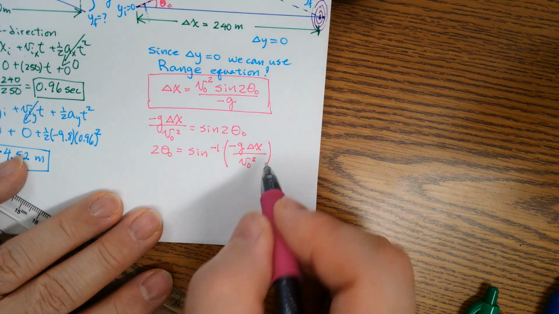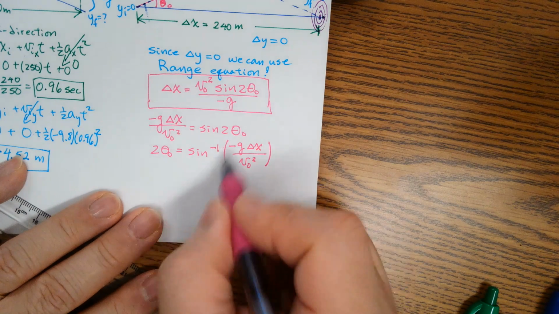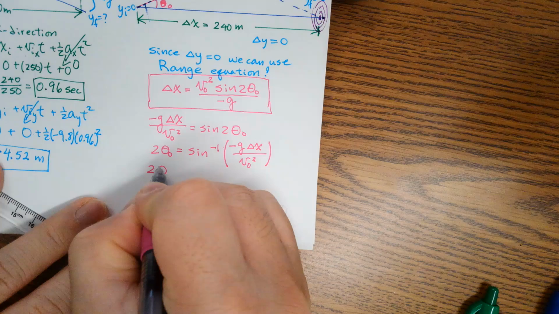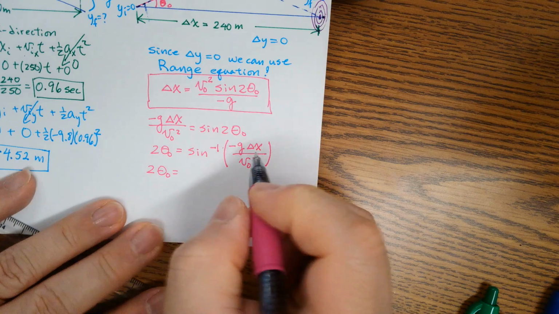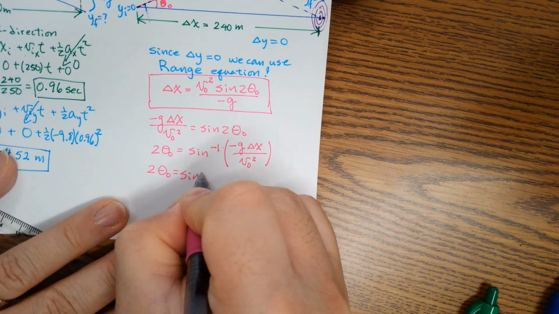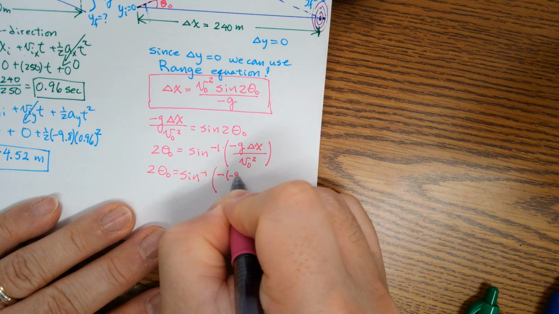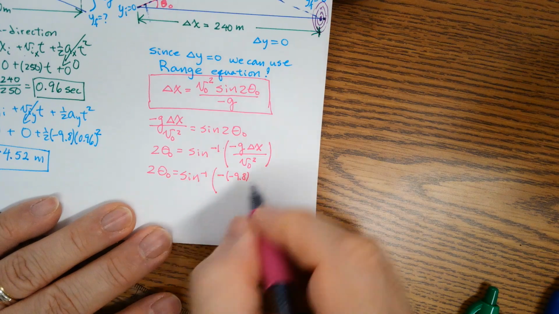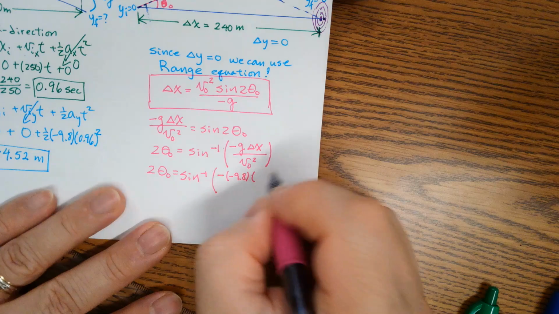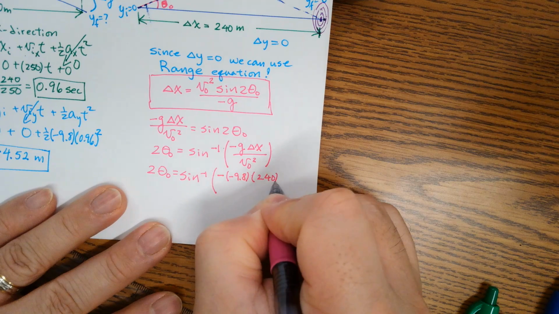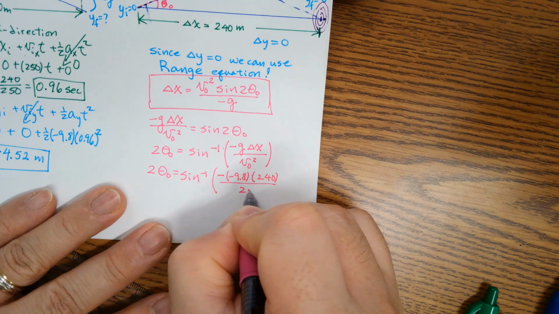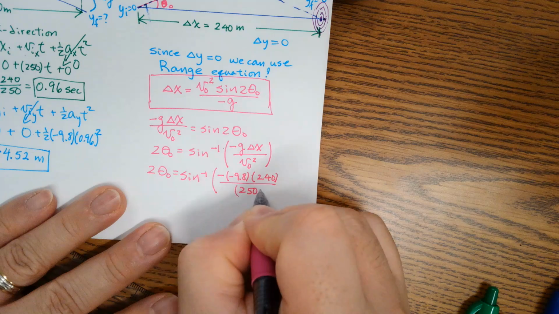So let's plug in this value and solve for 2 theta naught. That is sine inverse of negative 9.8, which is going to be positive, times delta x, which is 240, over 250 squared.